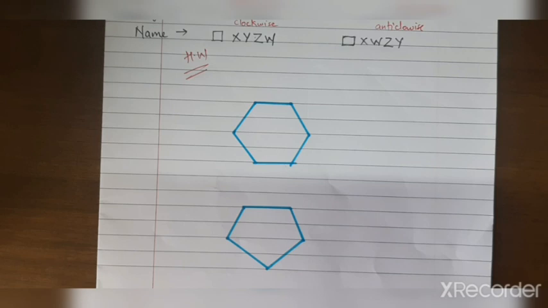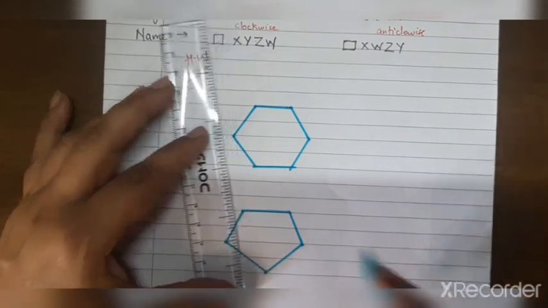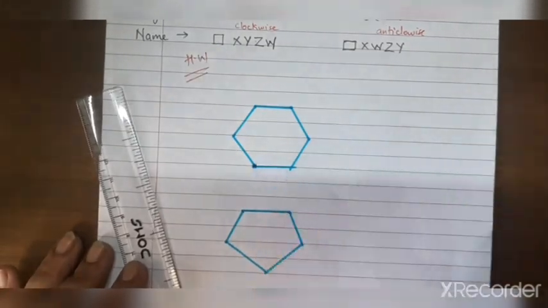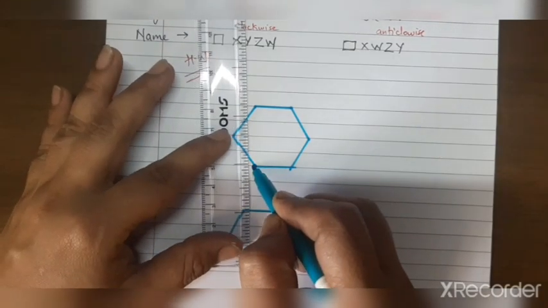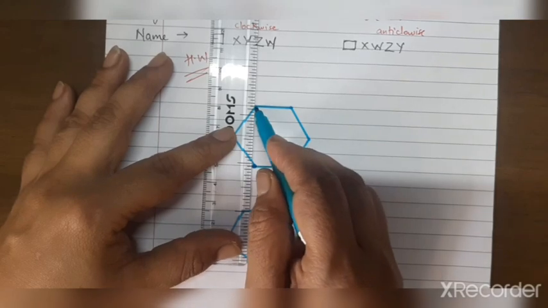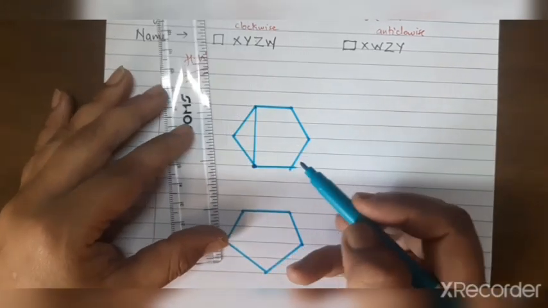Okay, and how to do the calculation, I will just explain. Now here we have to join this. See, for example, you have to take any one corner or one vertex. From that one vertex, you are going to divide this into triangles. That is, you are going to just make triangles.